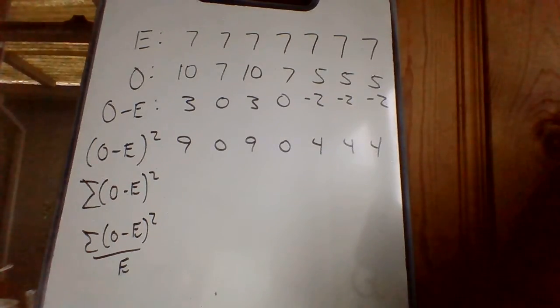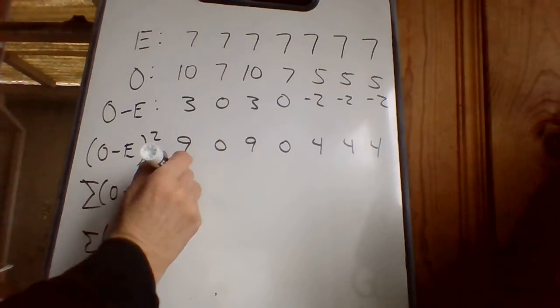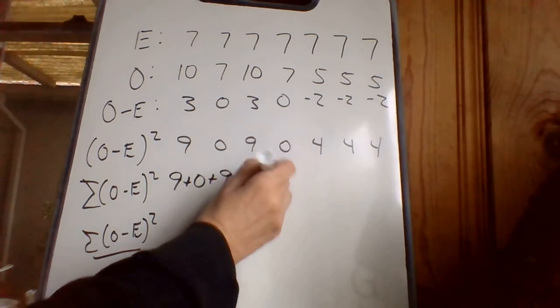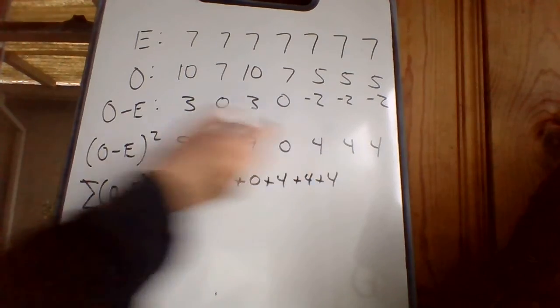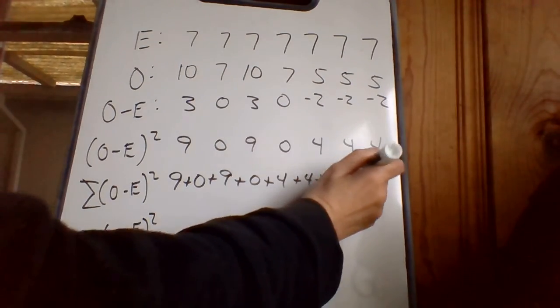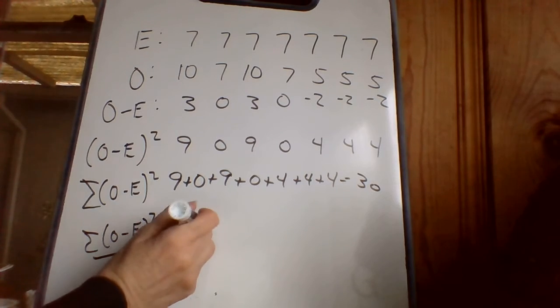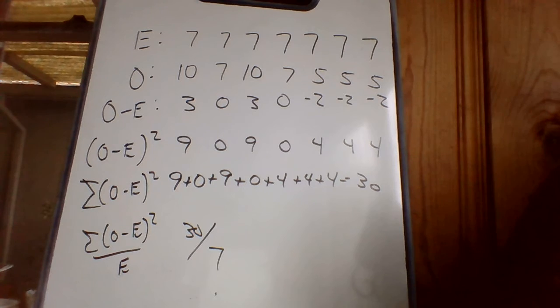Add all of those up. So that'll be 12 plus 18, that's 30. And then take that number and divide by my expected. 30 divided by 7.